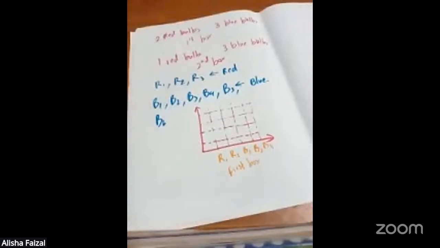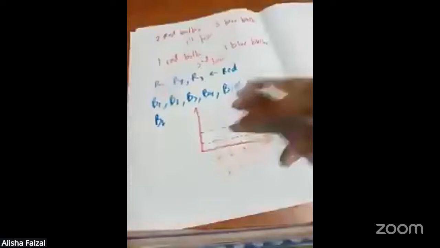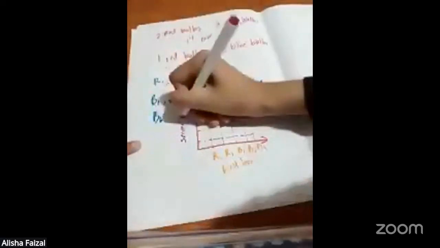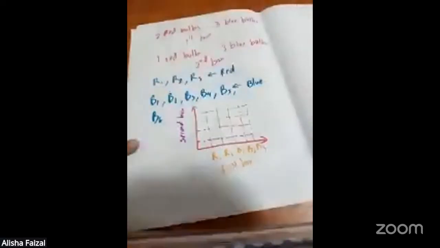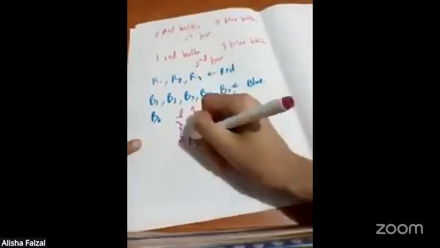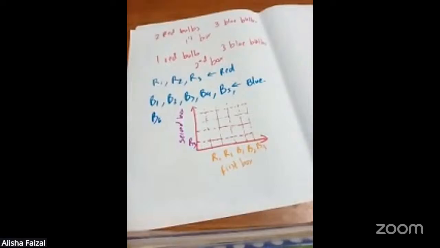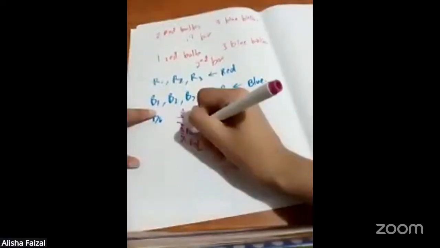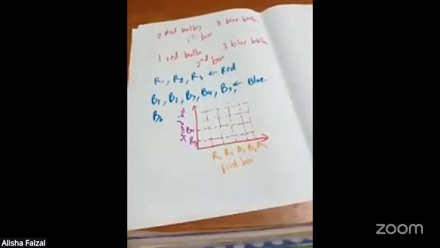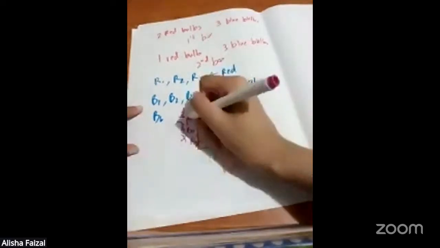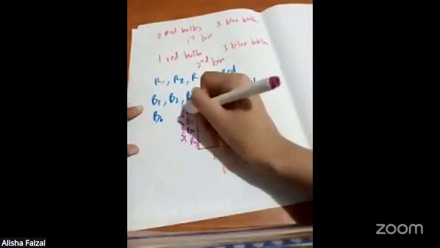They've written this side: R3, B4, B5, B6. So this is the data.